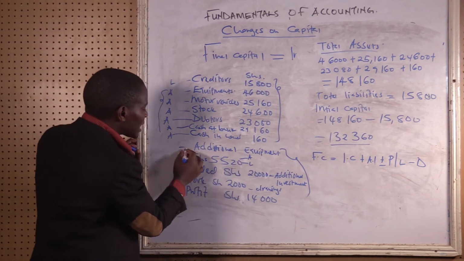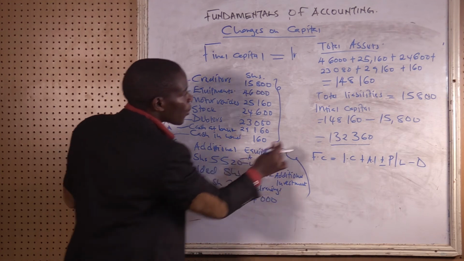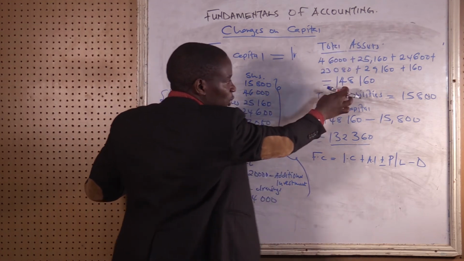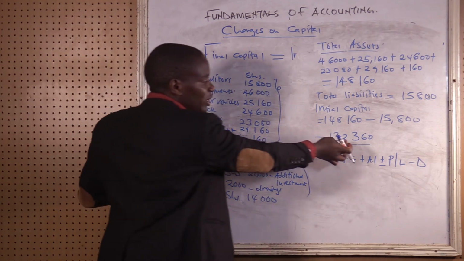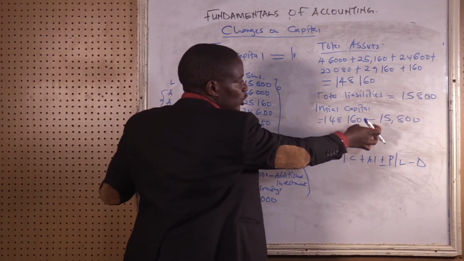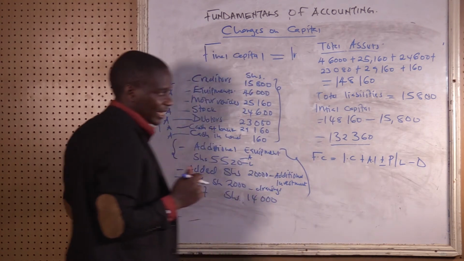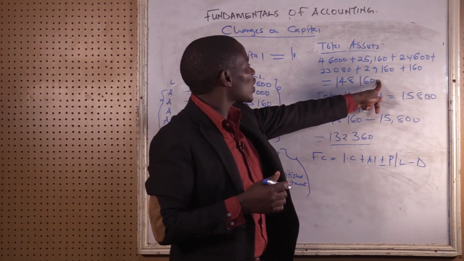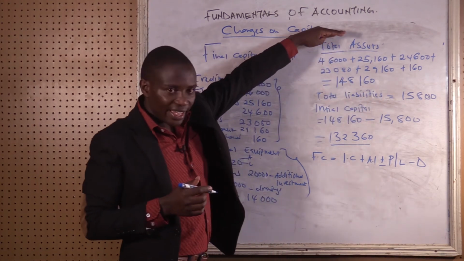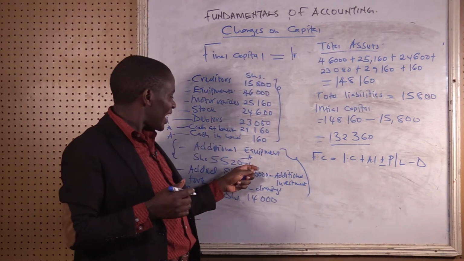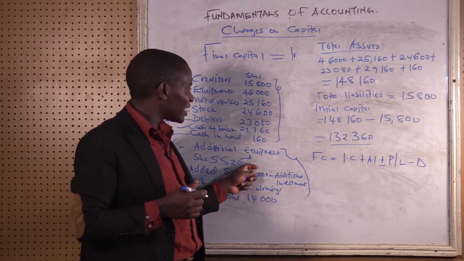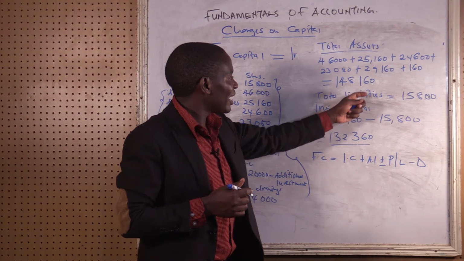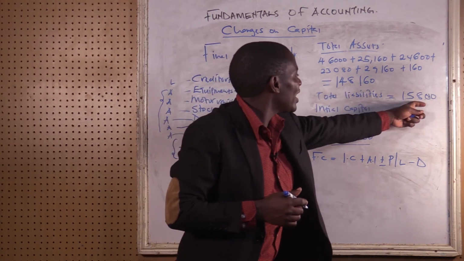So these ones we shall work out on the total assets that we had, and this one we shall have on the total liabilities that we had. If you add it on the total assets, it will increase the assets. If we add the liabilities on this side, it will also increase the liabilities.